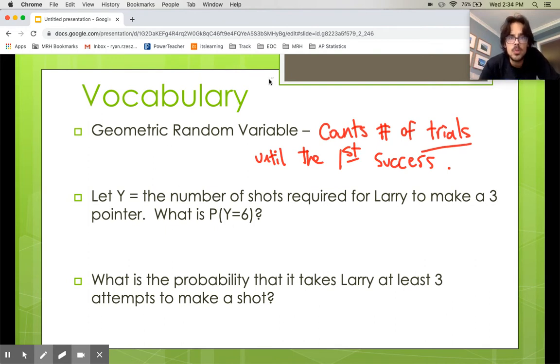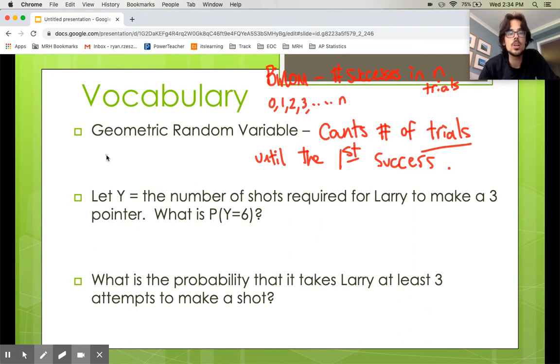So thinking about the possibilities. In a binomial setup, remember, it is the number of successes in n trials. And with a binomial, you could have no successes or one success or two successes, etc., all the way up to n successes, the number of trials. With a geometric, we're going to count the number of trials until the first success.